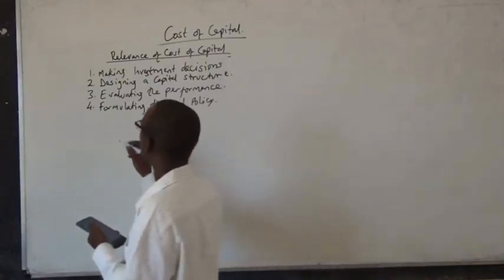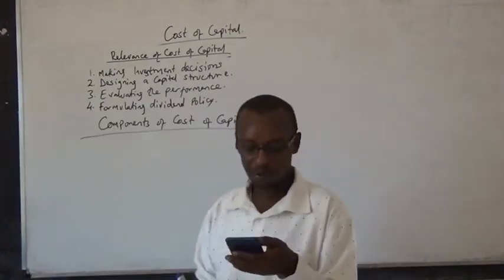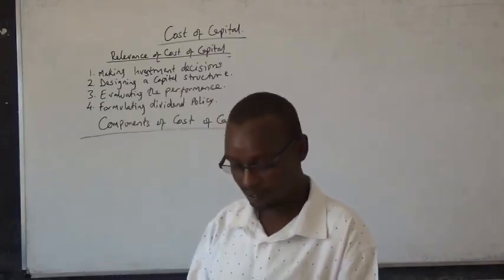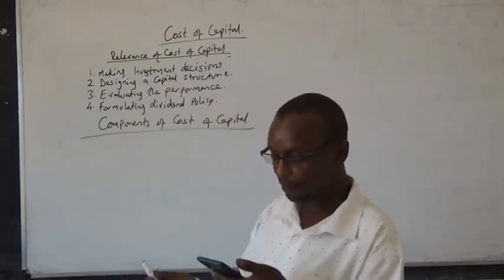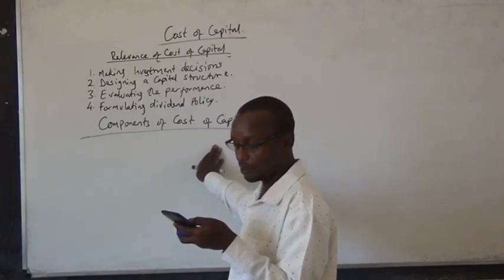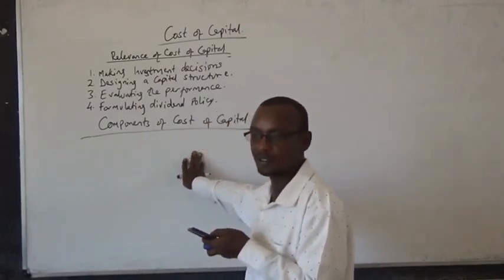Let's look at the components. The individual cost of each source of finance is called a component. So these are the individual sources of financing. Equity is a component, okay?